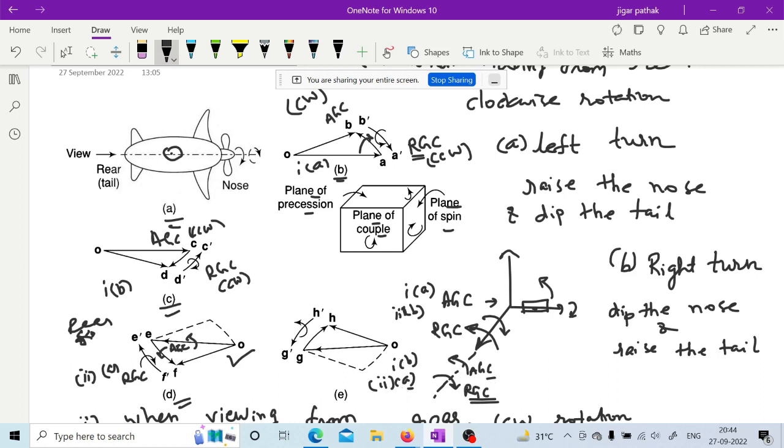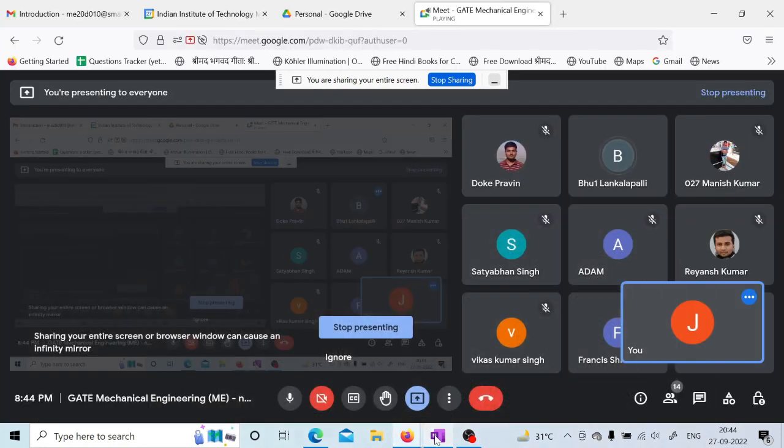So the reactive gyroscopic couple will be in the clockwise direction, and when it is in the clockwise direction it will try to dip the nose and raise the tail, because it is about this third axis. Are you getting? Yes, sir. So anything else? No, sir.